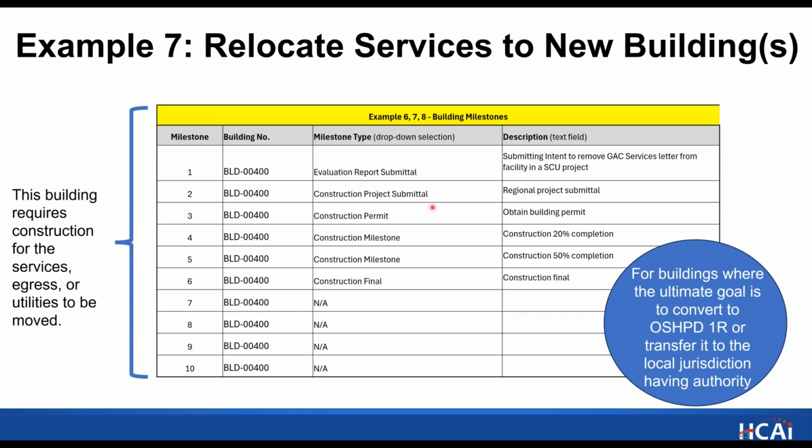And those, the March 1st, 2026 and 2028 deadlines apply to these as well. So the drawings are due March 1st, 2026. Permit needs to be obtained by March 1st, 2028. And again, this bubble kind of reiterates the ultimate goal of this milestone is either 1R or transferring to the locals.